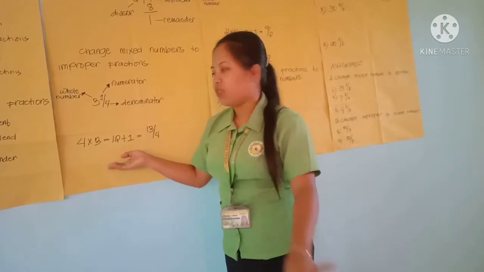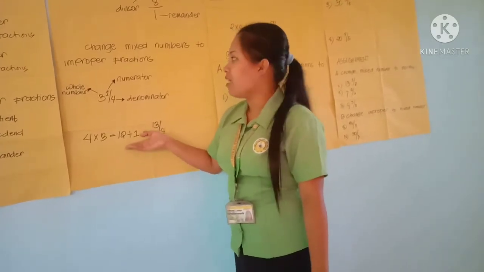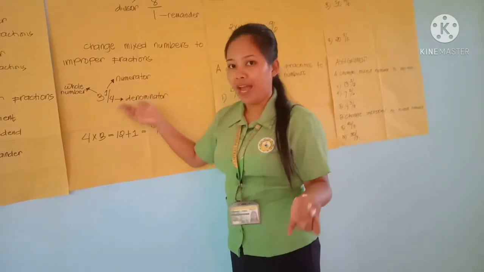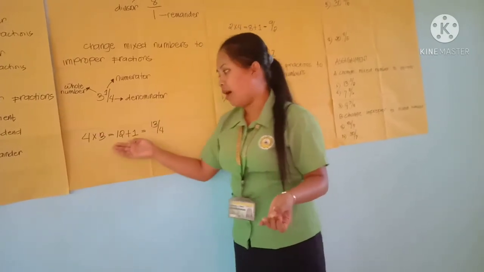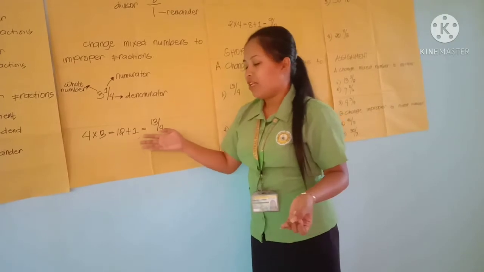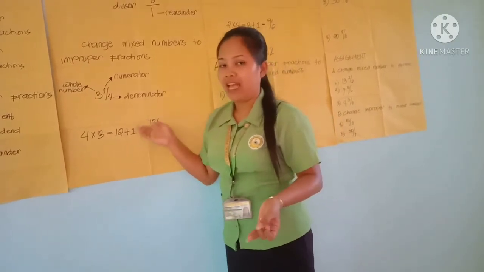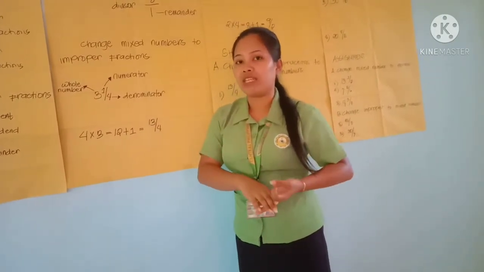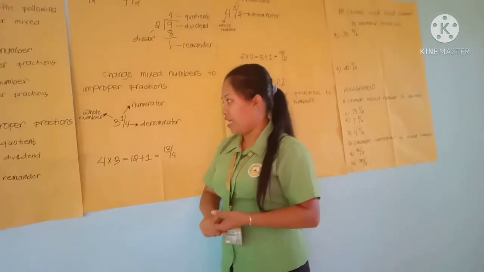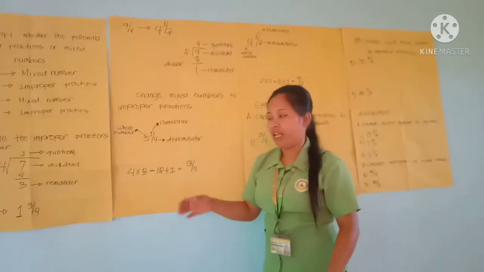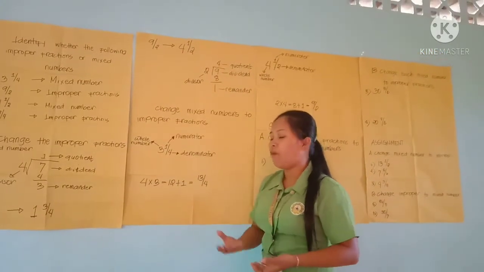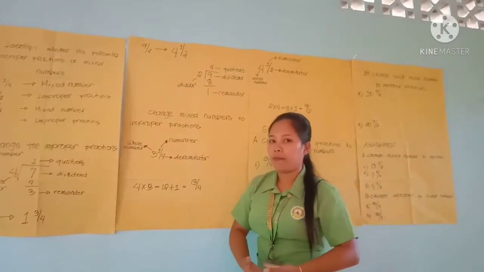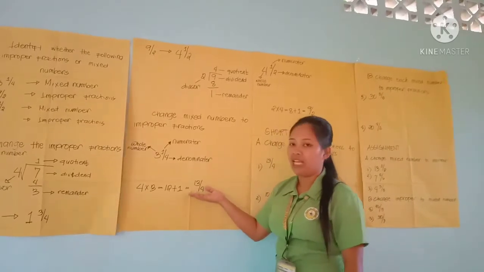Second step is we add the numerator to the product of the denominator and the whole number. So 12 plus 1 is equal to 13. And the last step is we just copy the given denominator, which is 4. So we write our improper fraction as 13/4.